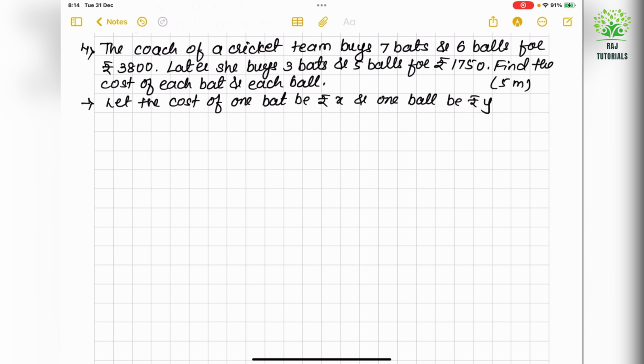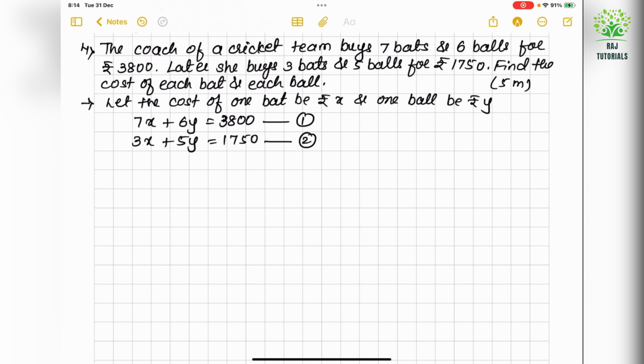So now according to the situation, first equation will be 7x plus 6y equal to 3800. Second will be 3x plus 5y equal to 1750.